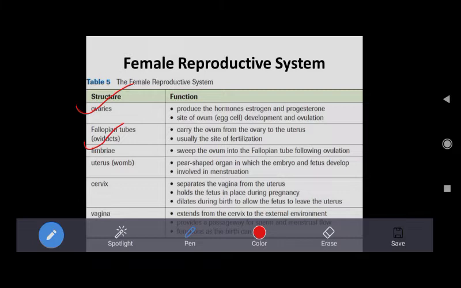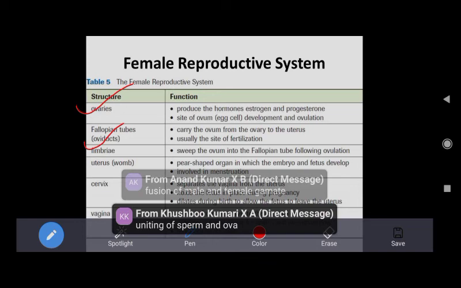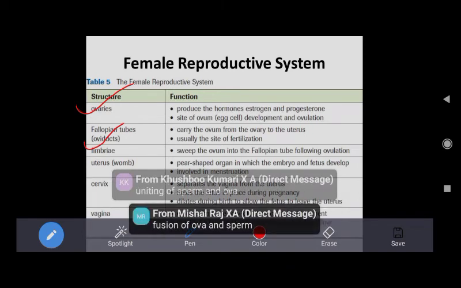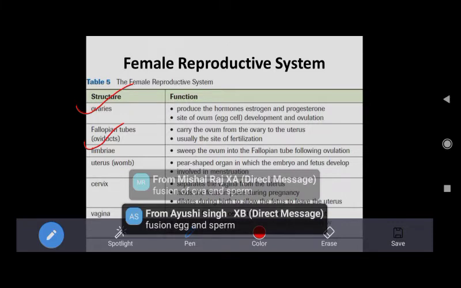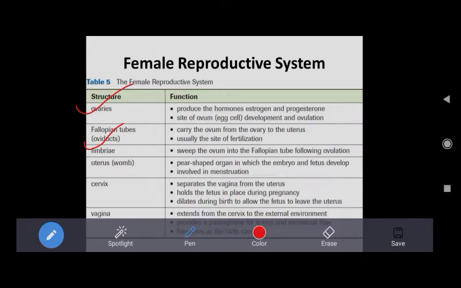What is fertilization? Fusion of egg and sperm, fusion of the male sex gamete and the female sex gamete, that is called fertilization. So it is the fallopian tube or the oviduct which is the site of fertilization.